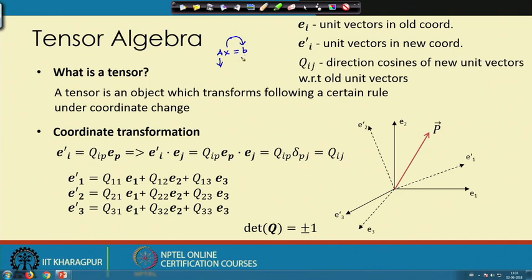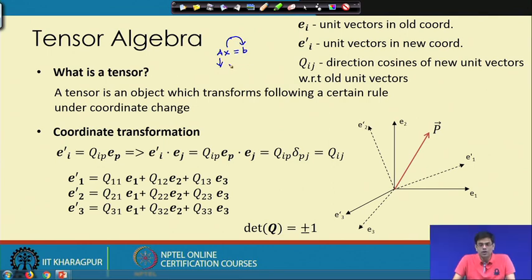If you remember from our solid mechanics knowledge, and as we briefly discussed in the last class, when we transform from one coordinate system to another, we need to multiply by a rotation matrix. How to calculate this rotation matrix we also know, because the rotation matrix is composed of direction cosines between the two coordinate systems.